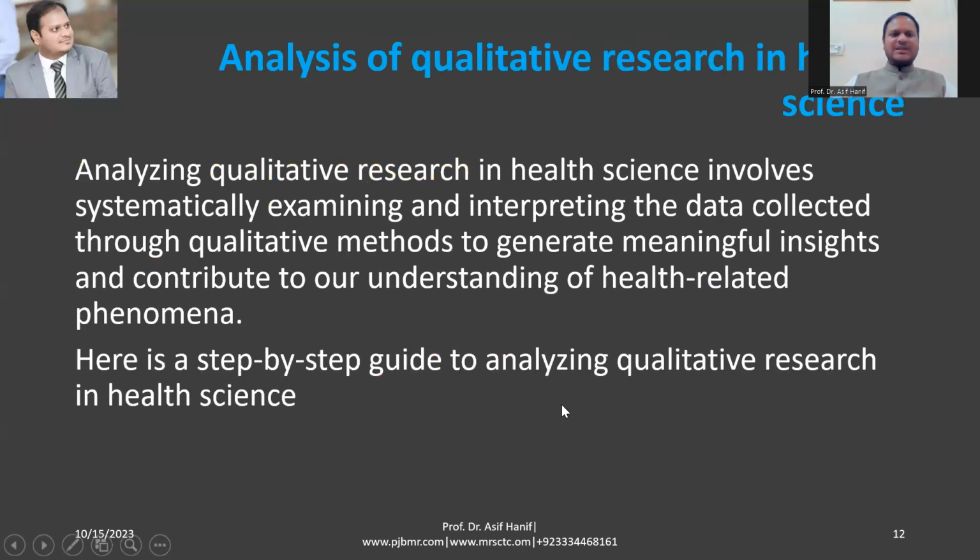So analyzing qualitative research in health science involves systematically examining and interpreting the data collected through qualitative methods to generate meaningful insights and contribute to our understanding of the health-related phenomena. Here is a step-by-step guide to analyzing the qualitative research in health sciences.